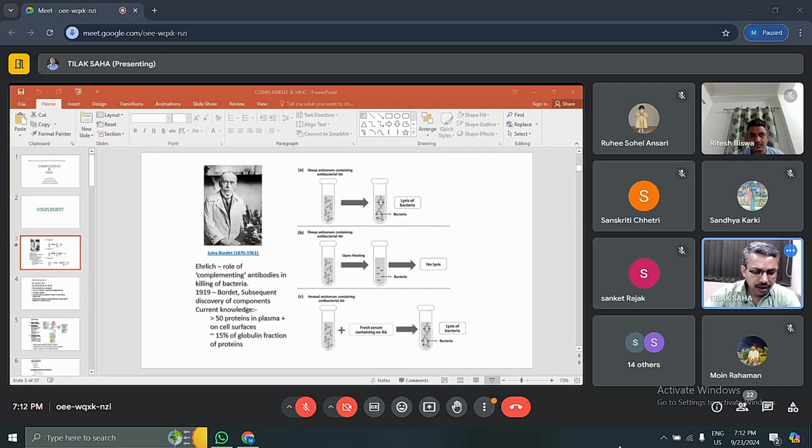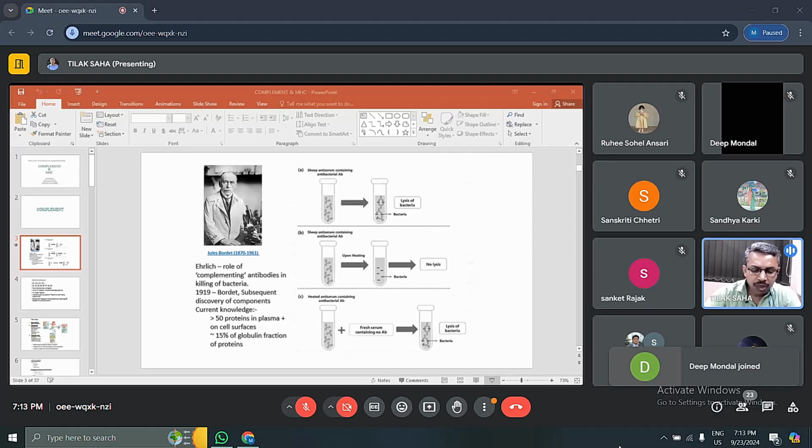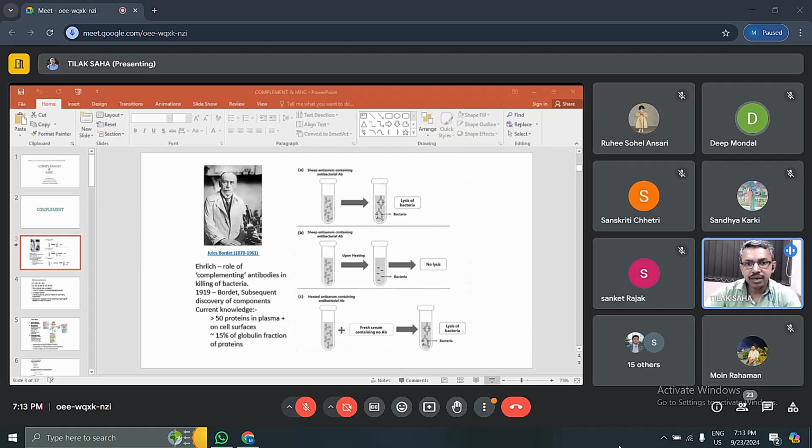If a model animal is given an inoculum of certain pathogens, suppose a bacteria is introduced into the blood circulation system of the animal. The animal was a sheep here. The body of the animal develops activated lymphocytes, out of which B cells are also activated, and B cells transform themselves into plasma cells, and plasma cells start secreting antibodies, and these antibodies can be harvested from the serum.